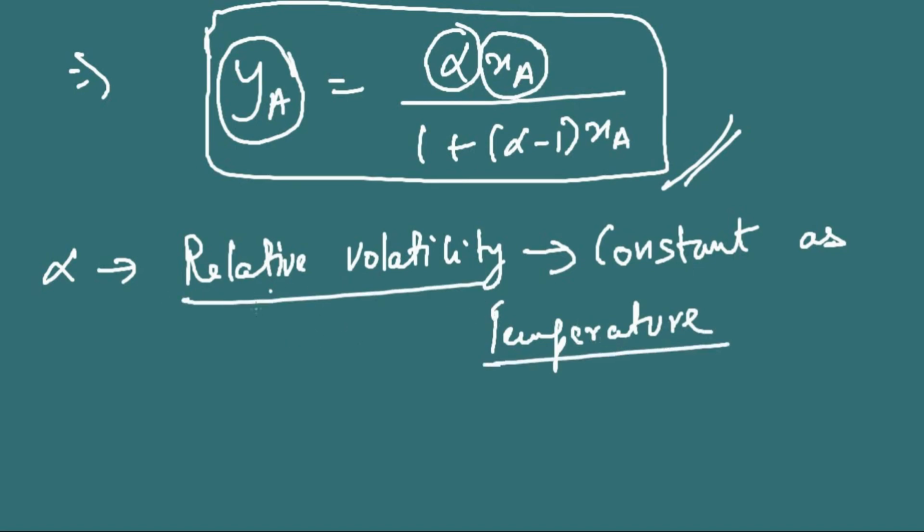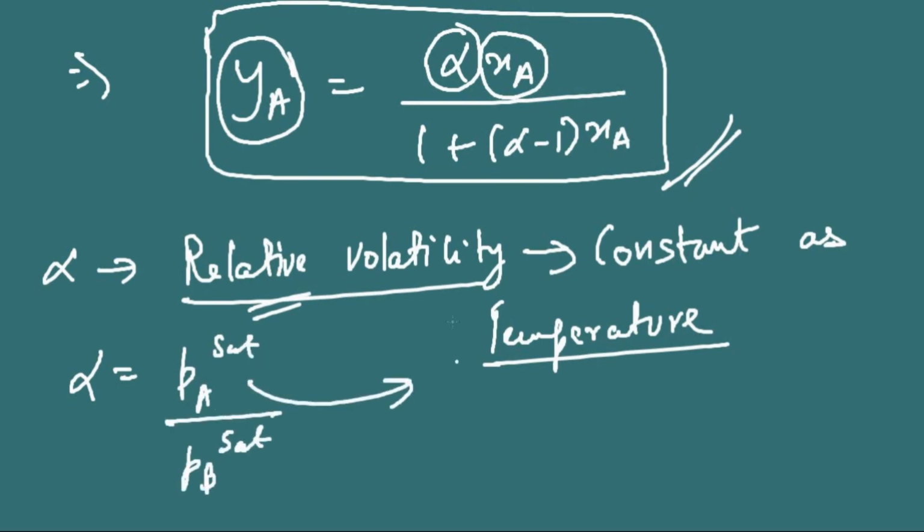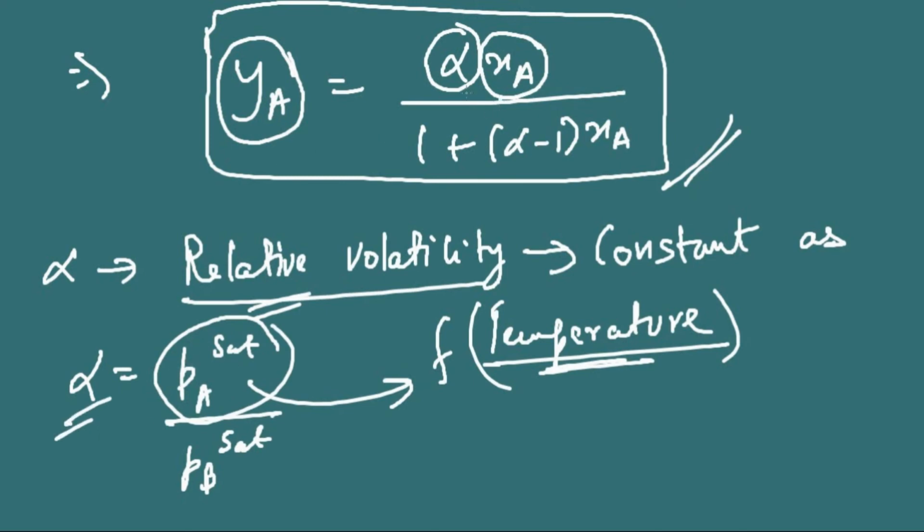But if temperature changes, this will change, because alpha is the ratio of the vapor pressure of A divided by the vapor pressure of B. We all know vapor pressure is a function of temperature. So as temperature changes, this ratio will no longer be the same. If you want this alpha to be constant, the temperature should be constant.